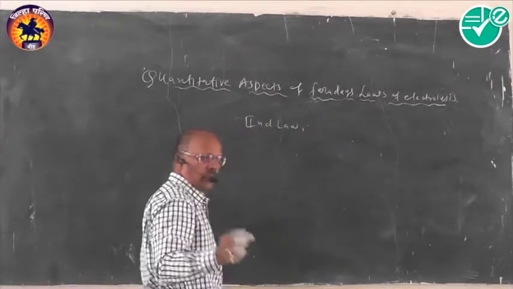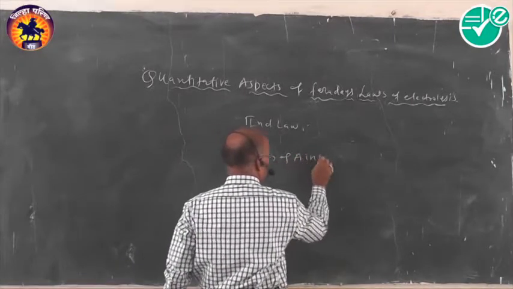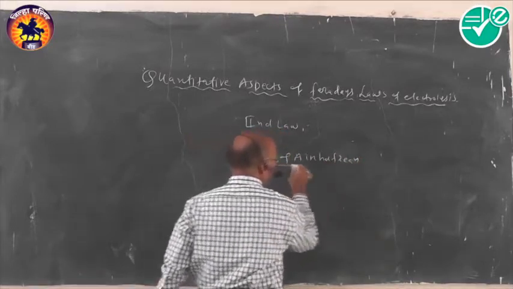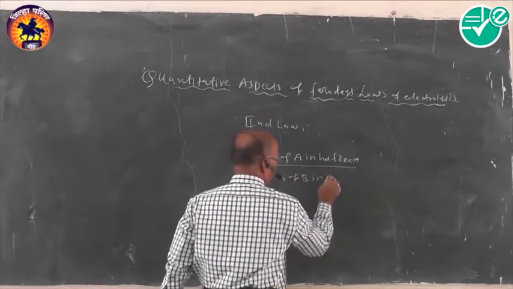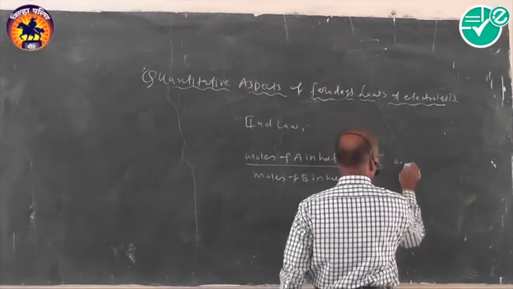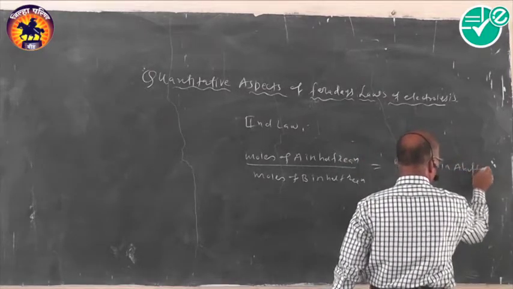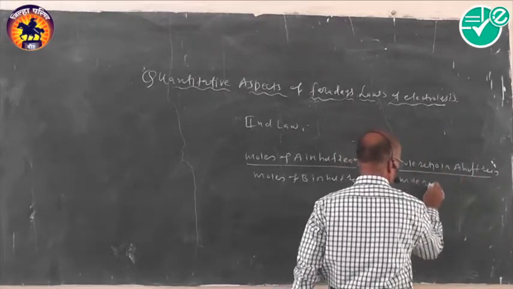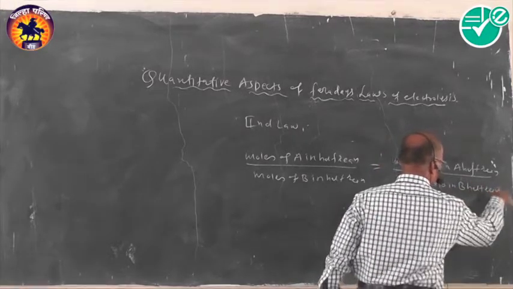we can write the quantitative aspect like this: moles of A in half reaction divided by moles of B in half reaction is equal to the mole ratio in A half reaction divided by the mole ratio in B half reaction.